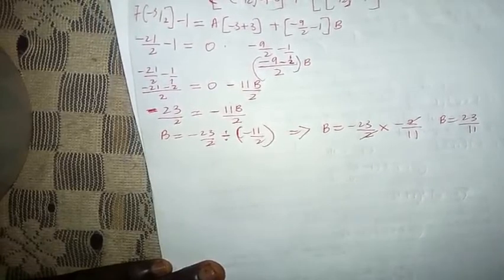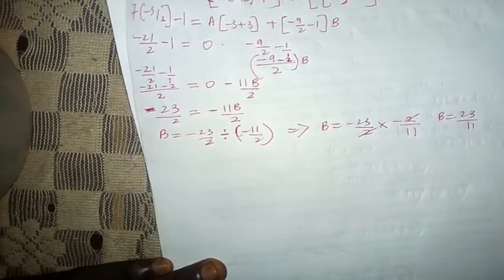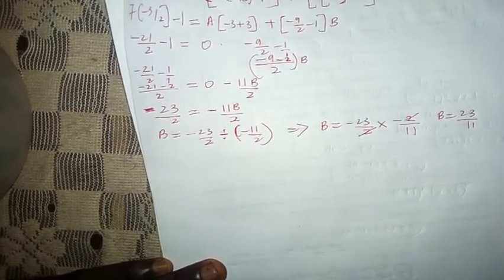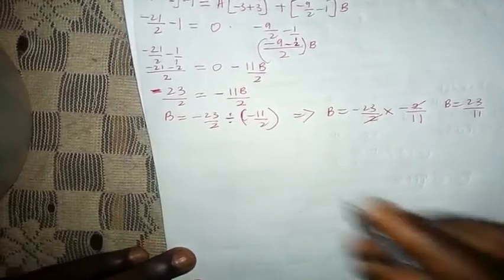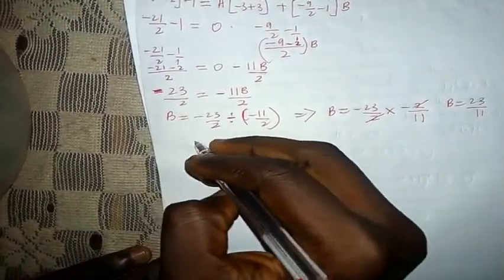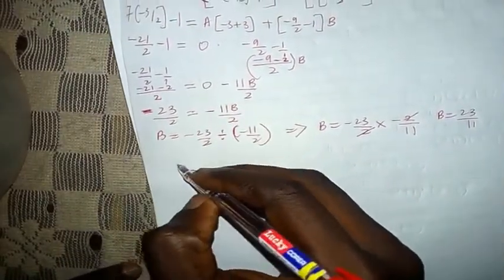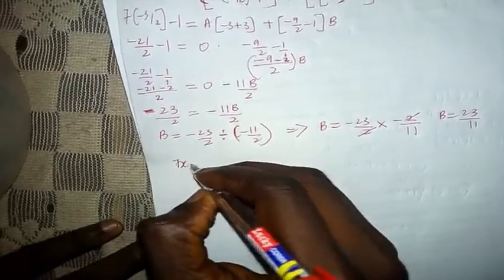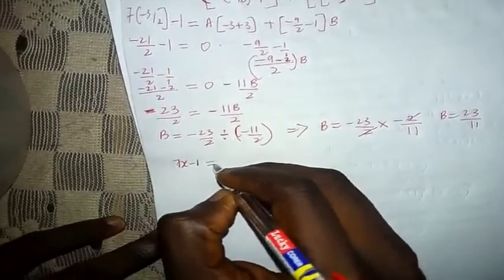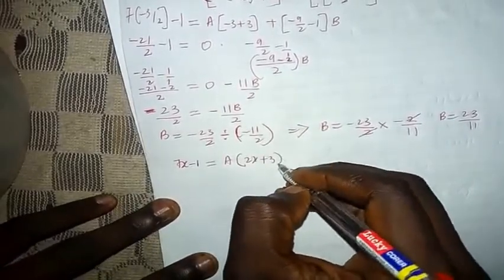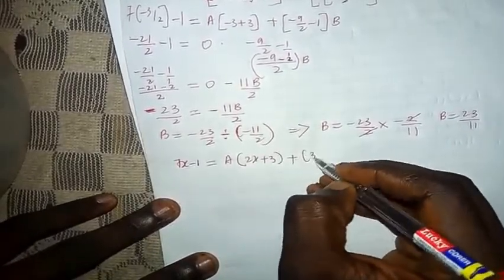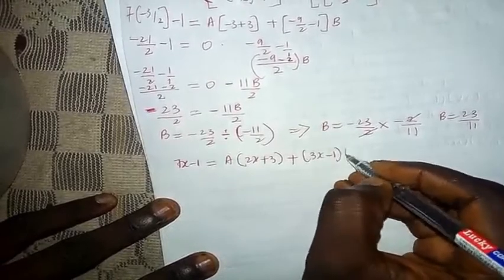Now 23 over 11 is b. Now let's get a also. To get a, we have the same equation, 7x minus 1 is equal to a into 2x plus 3 plus 3x minus 1 in b.